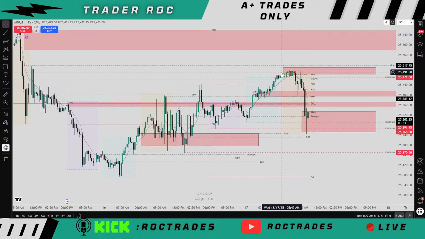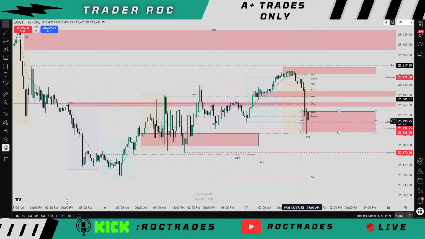So now I'm looking at this 2 p.m. area here, where we started to pick up speed, put in this lower high, makes another lower high, takes out the highs. Now we're pulling back, and price is sweeping out those higher lows.